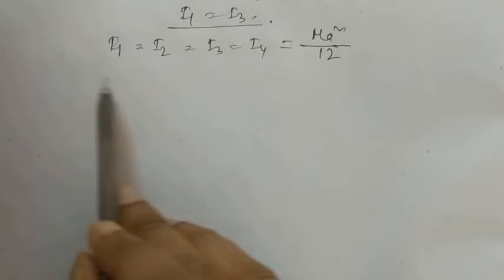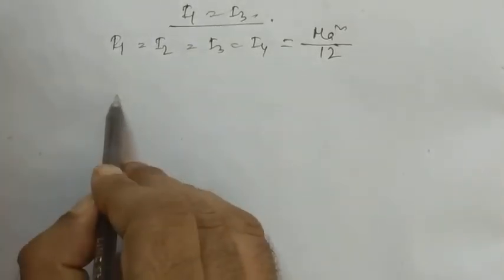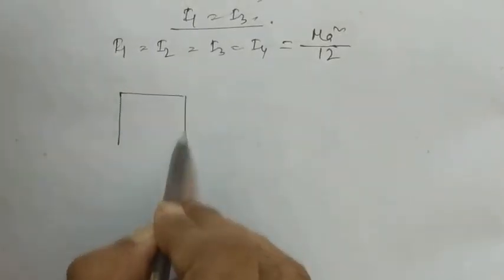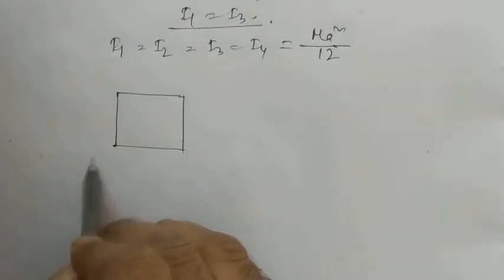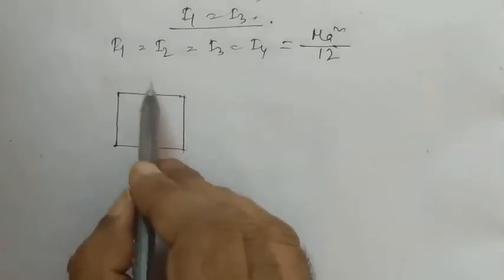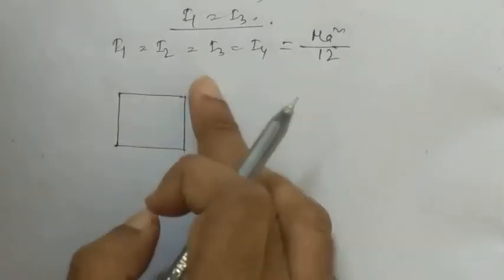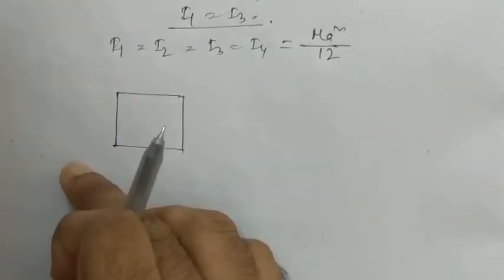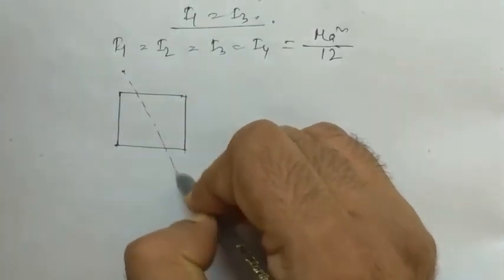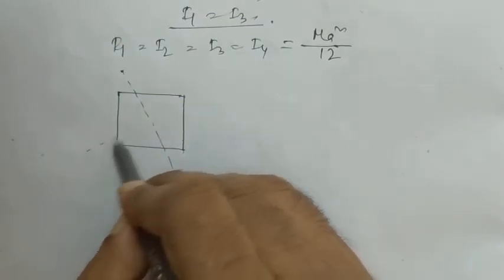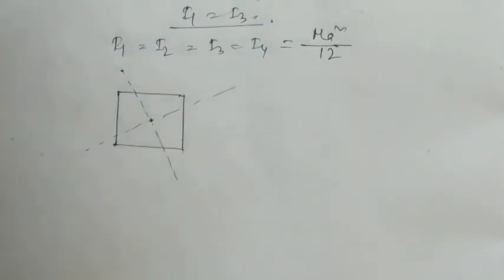Now we can extend this concept to this diagram also. This is a square lamina. We can draw two axes which are perpendicular to each other, but they are neither the bisectors of the sides nor the diagonals. Suppose we take two axes like this. They pass through the center O, but they are not the side bisectors or the diagonals.